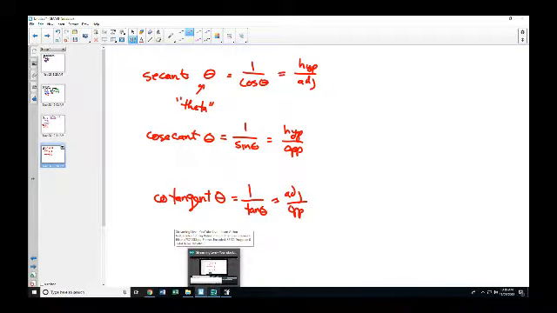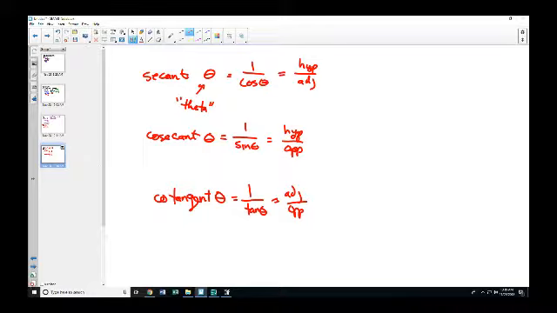People get kind of confused by the cosecant being with sine. So you have to remember that sine and cosecant go together. Secant and cosine go together. It's backwards to what you think it would be.